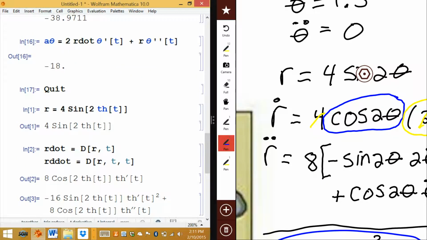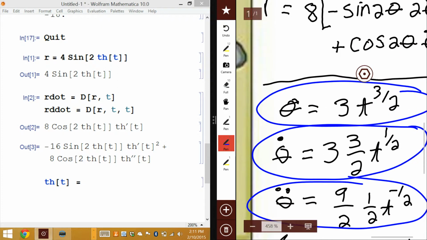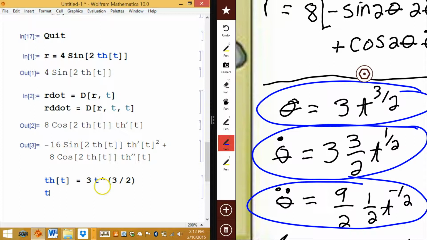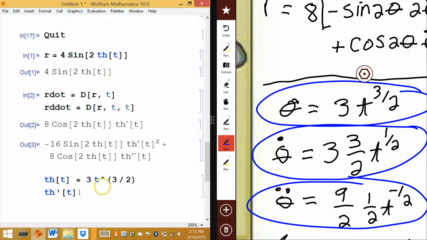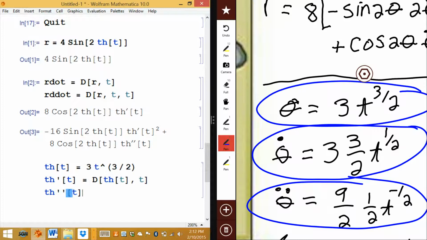So we'll have those, and then we know that theta is equal to 3t to the 3/2 power, so it would be 3 times t raised to the 3/2 power. Theta tick is equal to the derivative of theta with respect to time. Theta tick tick is equal to the derivative of theta with respect to time twice.